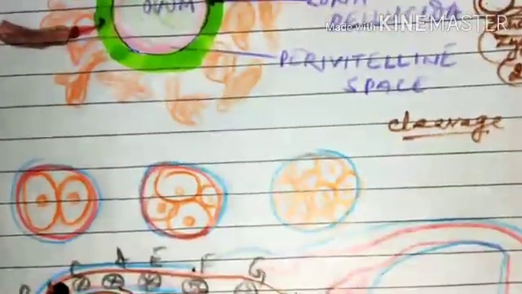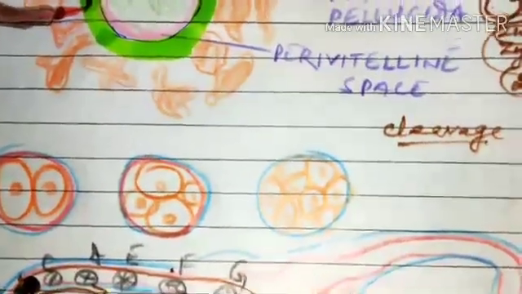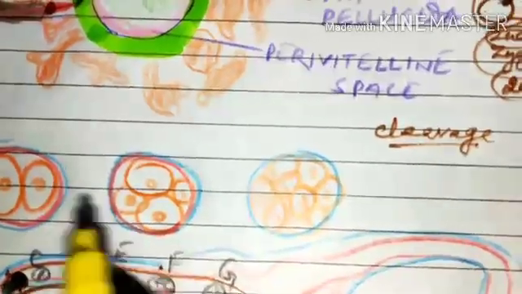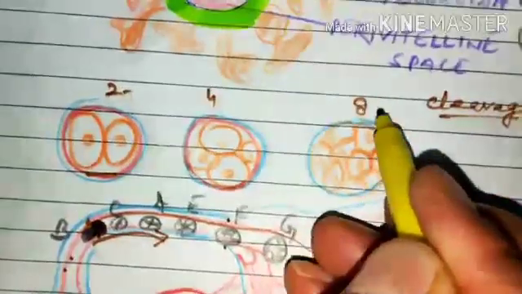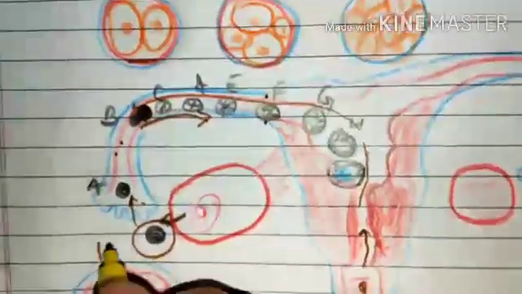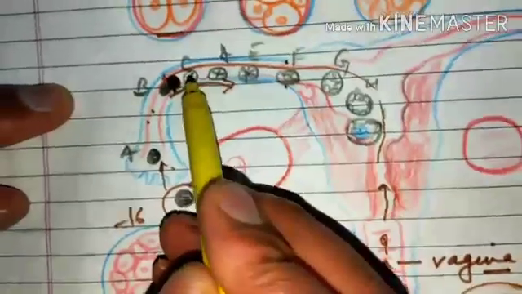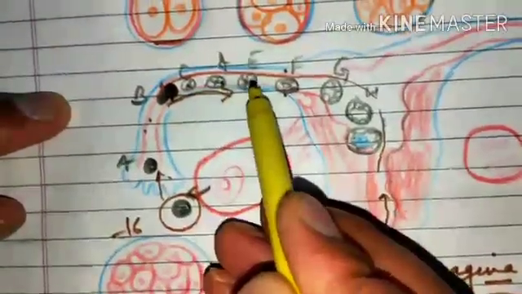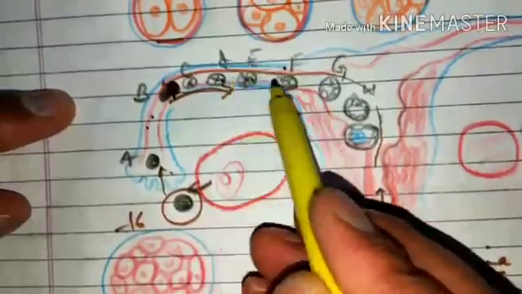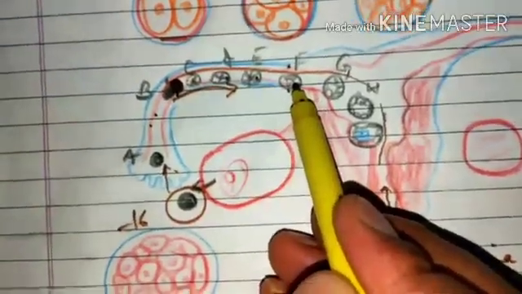Now what is cleavage? Cleavage means that this zygote will keep on dividing mitotically, forming the 2 cell stage, then the 4 cell stage, then the 8 cell stage, then the 16 cell stage. You know, this is the zygote, this is the 2 cell stage, this is the 4 cell stage, this is the 8 cell stage, and then it will be the 16 cell stage.